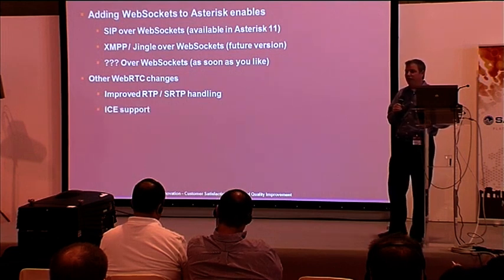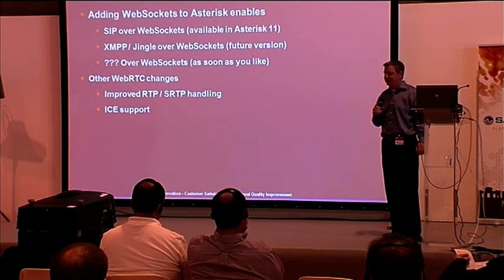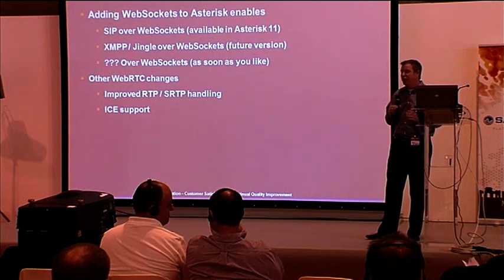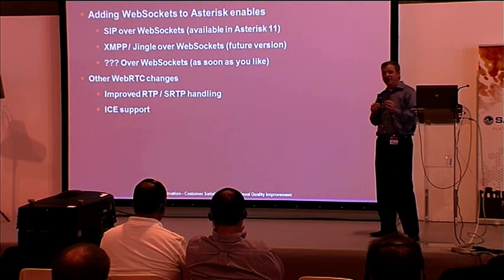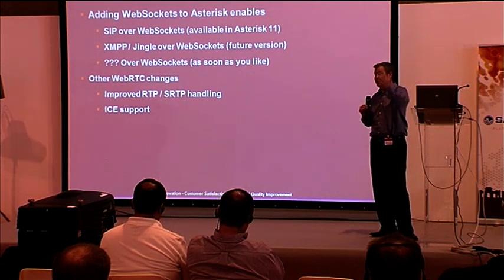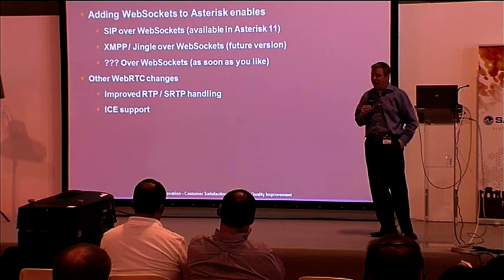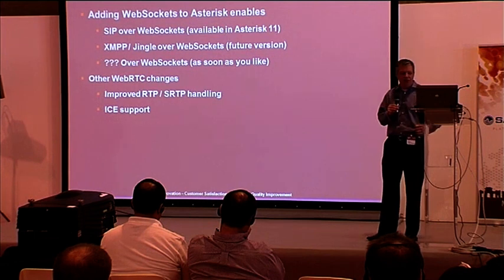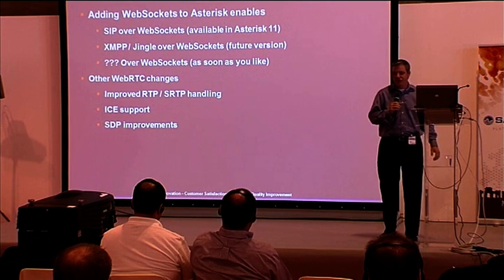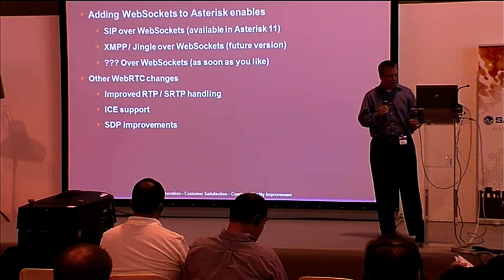We've added support for ICE, which is Interactive Connectivity Establishment, which is basically a protocol for figuring out the best way for two devices, located possibly behind the same NAT device or possibly in completely separate parts of the universe, to talk to each other directly rather than having to proxy media through another peer. And then we've made improvements to our SDP so that we're able to parse some of the more interesting SDP that comes from Google so far.